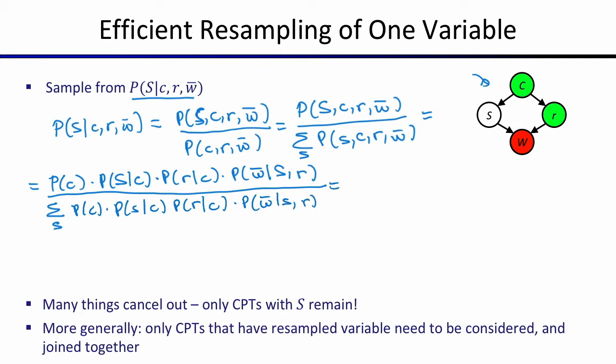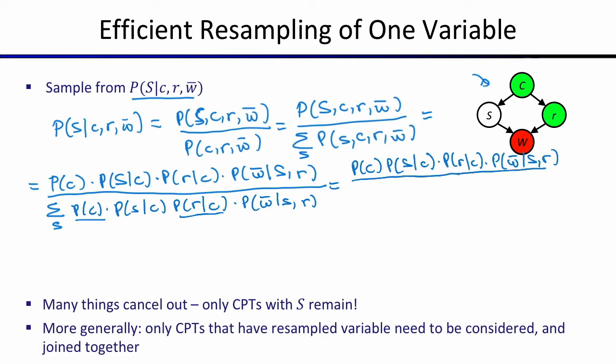Okay, so we can move out this term here. It does not depend on s. This one here does not depend on s either. So we'll have the probability of c, the probability of the big S given c, the probability of a little r given c, and the probability of not w given s and r.